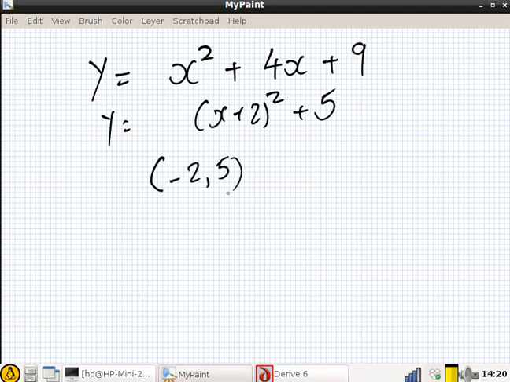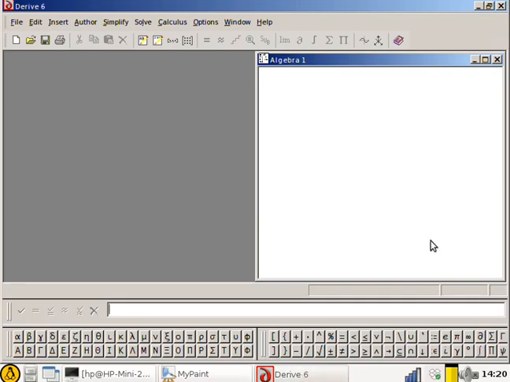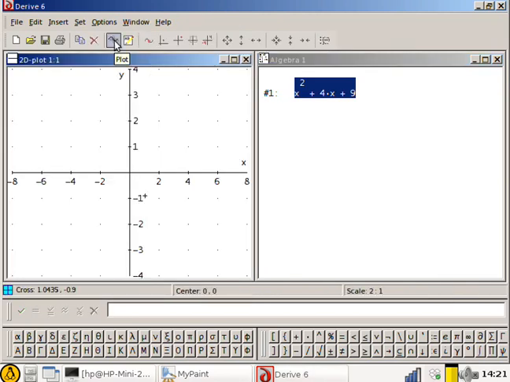Minus 2 and 5. And if I graph that, I can see it as well. X squared plus 4x plus 9. Graph and graph. Let's zoom out a bit. Okay, so you can see there it is there at minus 2 and 5.